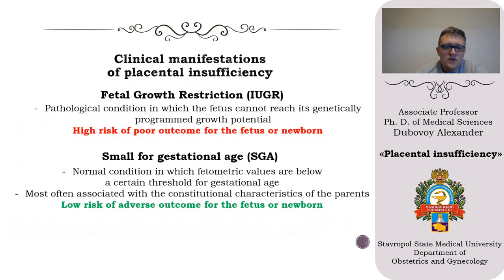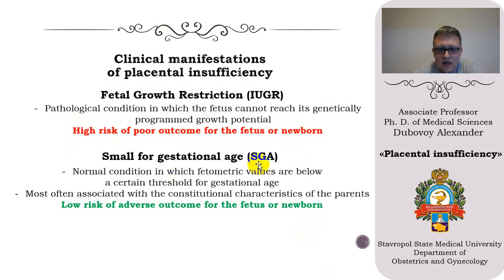We must remember 2 main definitions concerning placenta insufficiency: fetal growth restriction and small for gestational age, FGR and SGA. If growth retardation is one of the main manifestations of placenta insufficiency, then SGA is a variant of the norm. Fetal growth restriction is a pathological condition in which the fetus cannot reach its genetically programmed growth potential, with a high risk of poor outcome for the fetus or newborn.